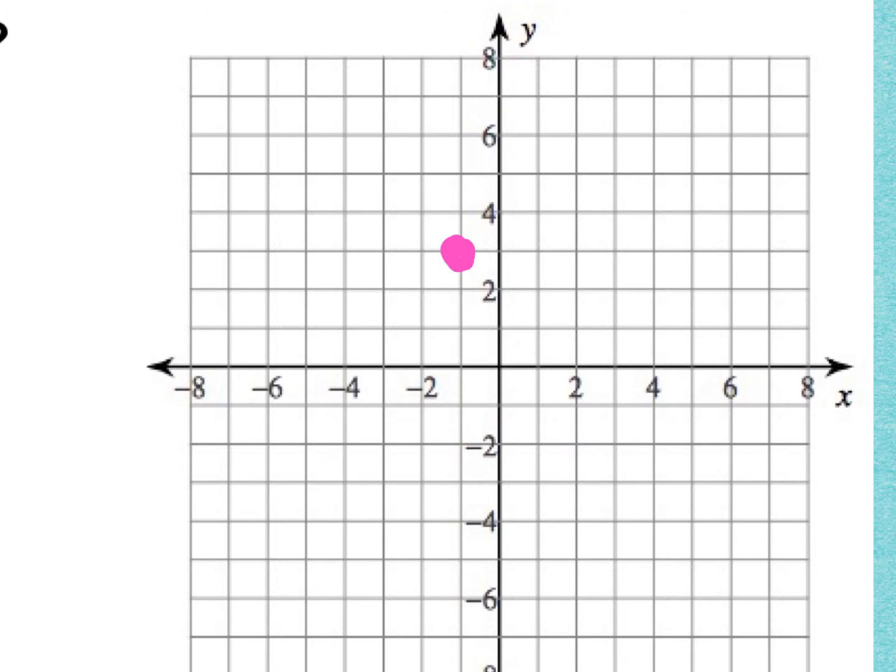So we're going to go 5 spaces up, 5 to the left, 5 down, 5 to the right. So 1, 2, 3, 4, 5. That's an end point of our circle. We count out 5 each direction for the other end points. And then we just connect the dots with one big circle.